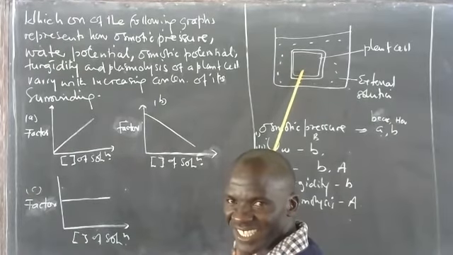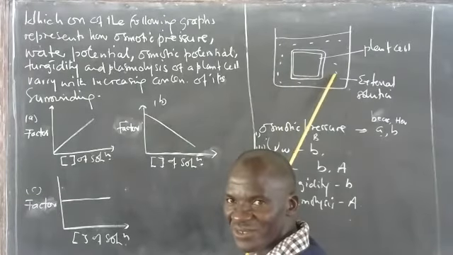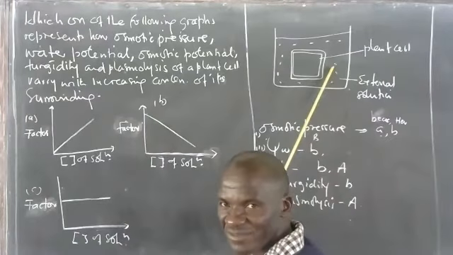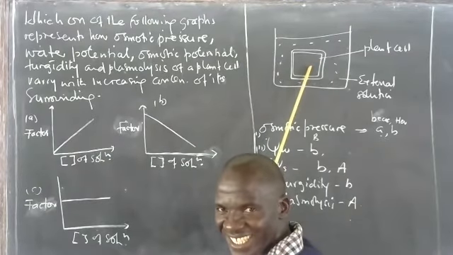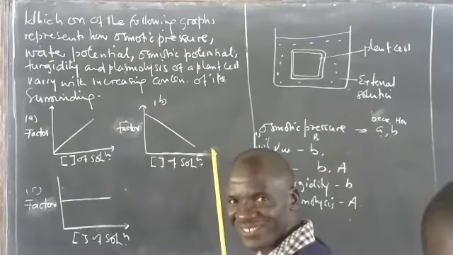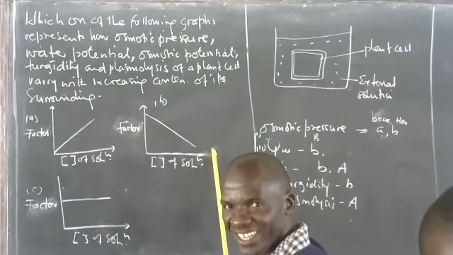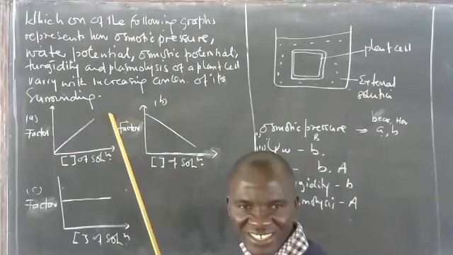So what I'm asking, if the surrounding solution's concentration is increasing as I add solute, what will happen to the osmotic pressure of this cell? Will it be decreasing as it loses water, or will it be increasing?